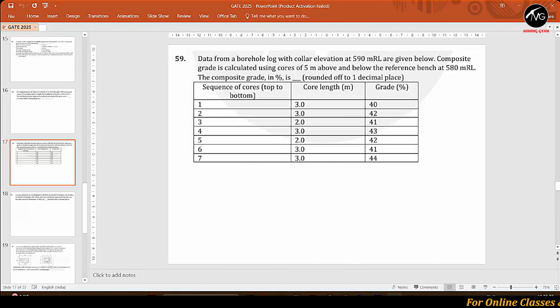Now, the maximum load it can bear would be strength of pillar into area of the pillar.